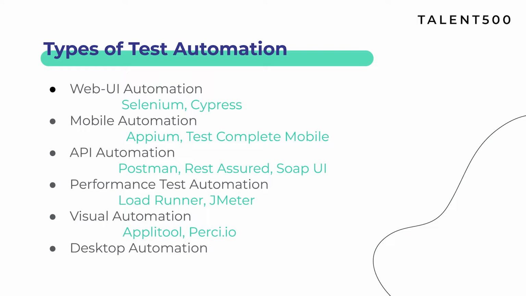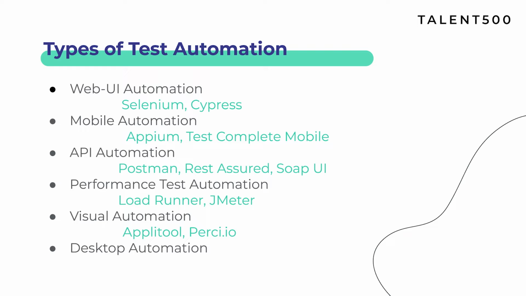Next one, visual automation. Visual automation, guys, is my favorite. Why? In the world of AI and ML, if we are not using the power of AI in automation, then we are definitely keeping ourselves or dragging ourselves behind. And Applitools is the best one in the market which provides us visual automation.